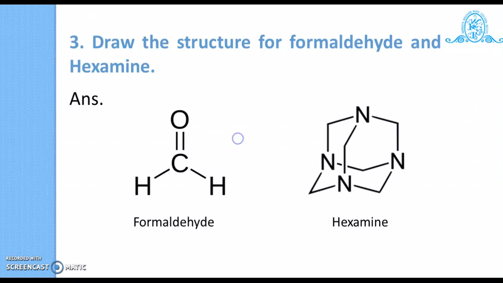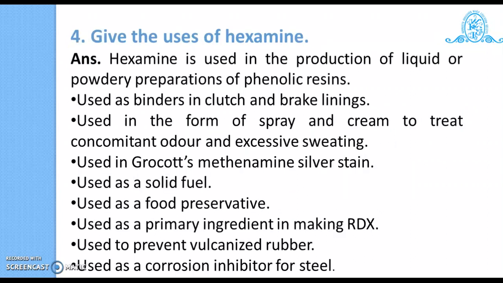Next question is, give the uses of hexamine. Answer: hexamine is used in the production of liquid or powdery preparations of phenolic resins. It is used as a binder in clutch and brake linings. It is used in the form of spray and cream to treat concomitant odor and excessive sweating.